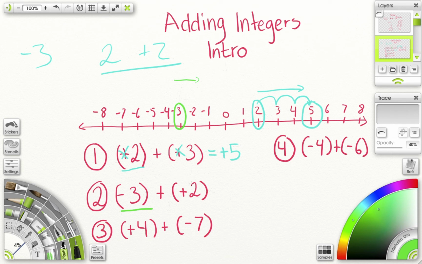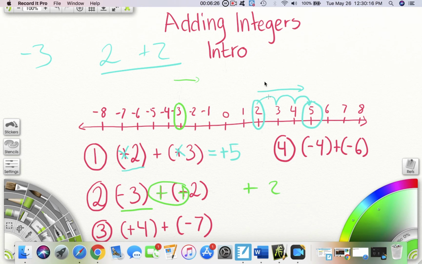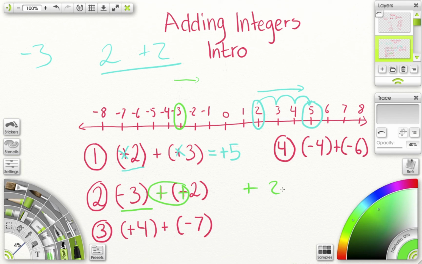So here's the way I like to describe adding integers. If it's a positive beside a positive number, like this, plus a positive 2, if these two symbols match, or if it is a positive and then there's nothing there, like 2, what this means is a regular number by itself, like 5, has an invisible plus sign in front of it.